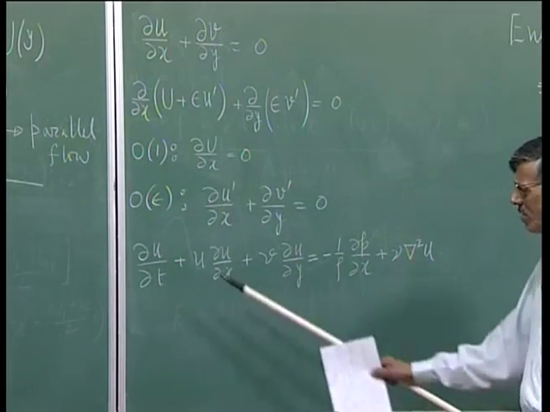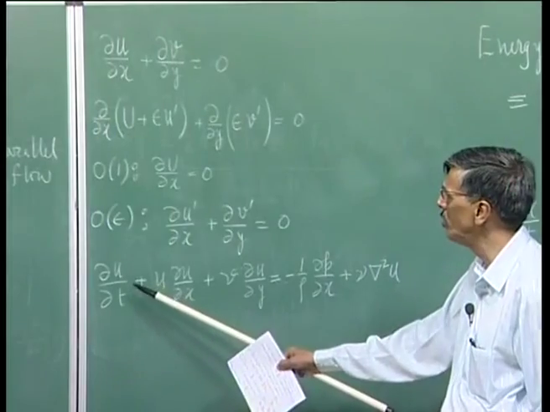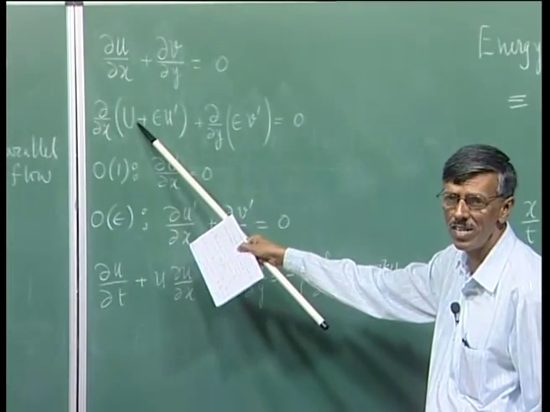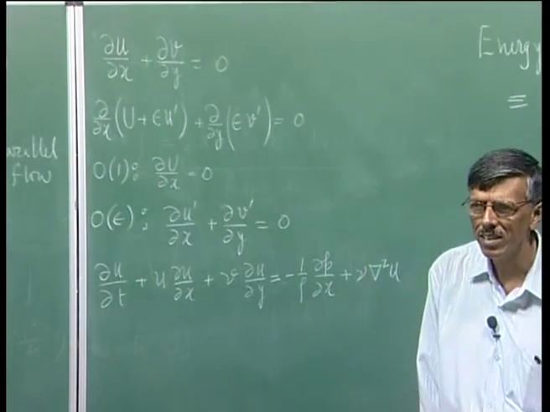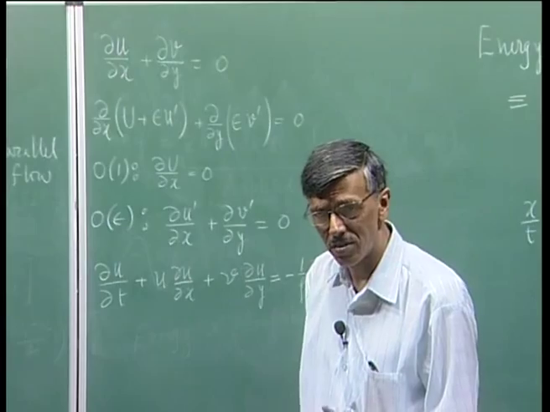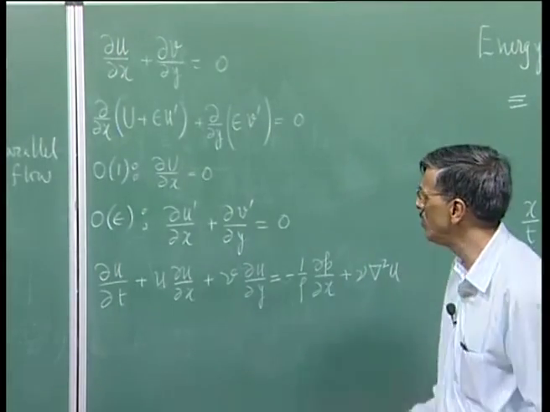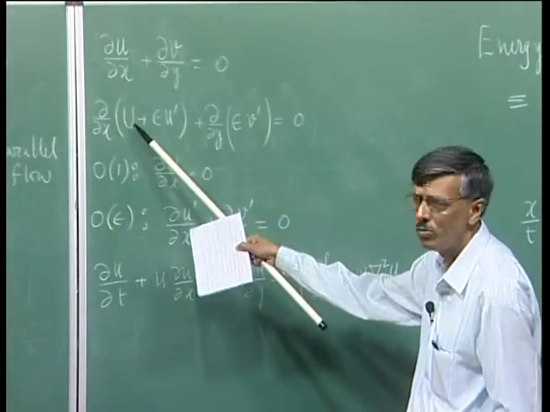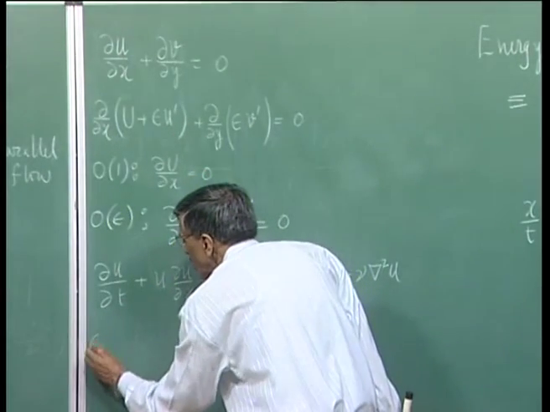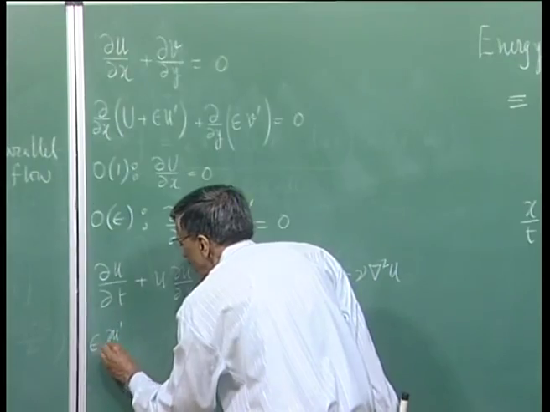Now, you have seen, what about u? U is this plus that. And what about its time variation? We are looking at the stability of a steady flow. If we are doing that, we will not get anything there. What we are going to get is epsilon del u prime del t.